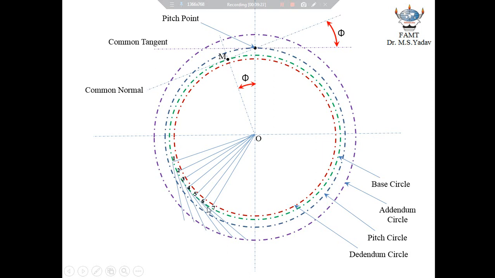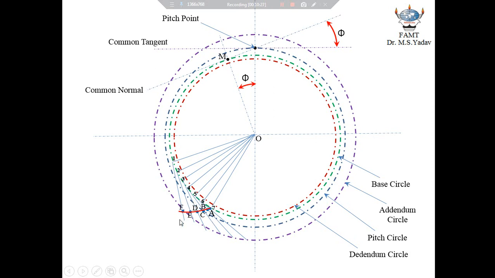Take distance 6, 7 in compass and cut perpendicular to the line 6O like this to get point A. Now double the distance in compass and cut the perpendicular to line 5O like this to get point B. Now take 3 times distance of 6, 7 in compass and cut the perpendicular line 4O like this to get point C. Repeat the procedure to get points D, E and F. Draw a smooth curve passing through points 7, A, B, C, D and F. Make sure this curve crosses over the addendum circle.